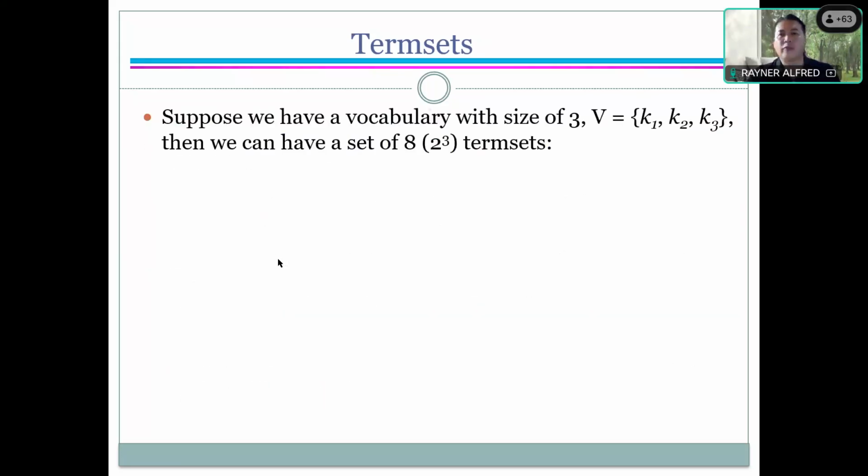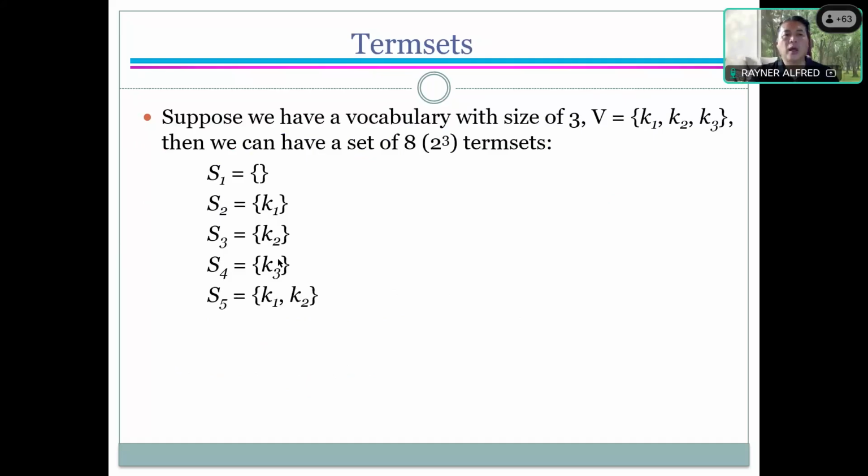For example, if we have 3 keywords in your dictionary, the possible number of patterns will be 2 to the power of 3. So you will have the empty set, or a single item, or 2 items together, or 3 items. Okay, so instead of using a single keyword, we use term sets.